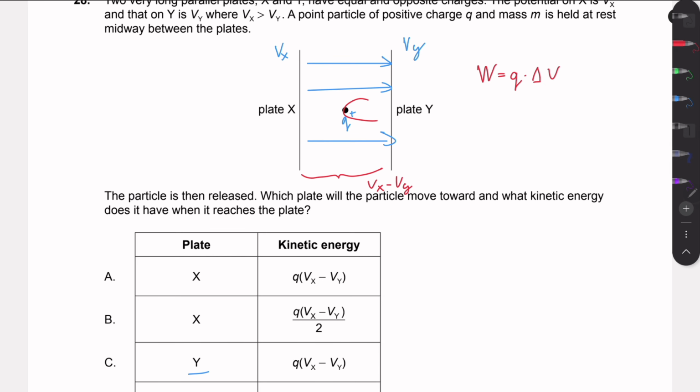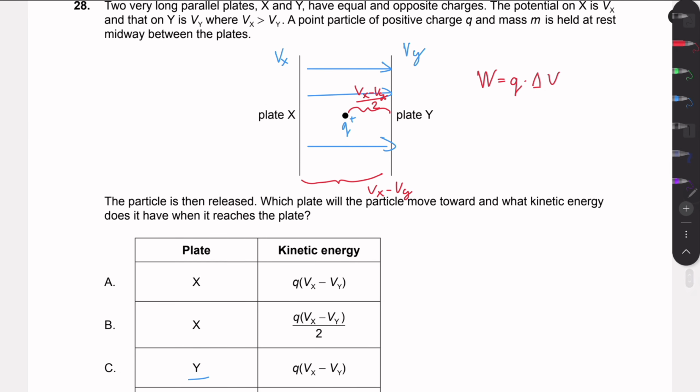But since we're only moving halfway in between, the potential between this point and this point is only half of this. So the potential difference here is just going to be Vx minus Vy over 2. So that's going to be our potential difference.